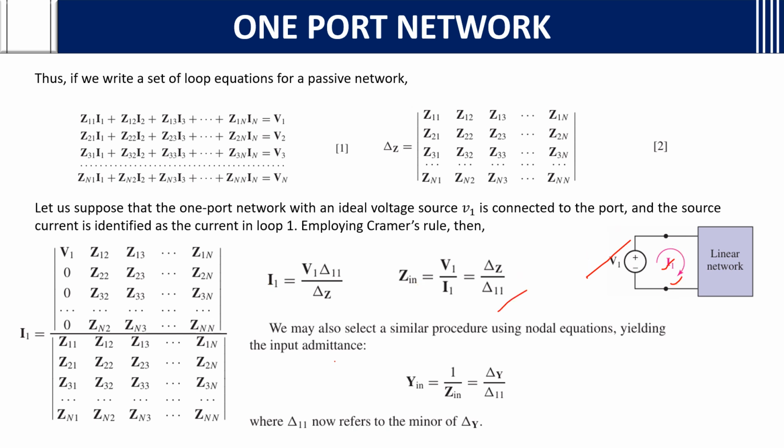Delta Z is the determinant of Z, and delta 1 is the cofactor of the first element. If you remove the first column and the first row, then you will get delta 1. If you see the sums, you will get clarity. Just understand the formula so you can use it. I'll explain the sums in the next slide, so you'll understand.